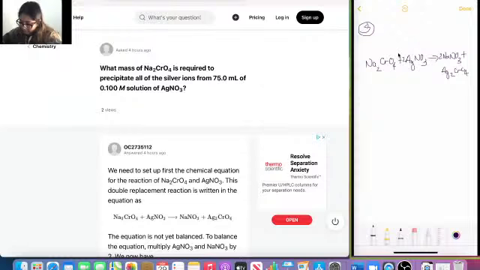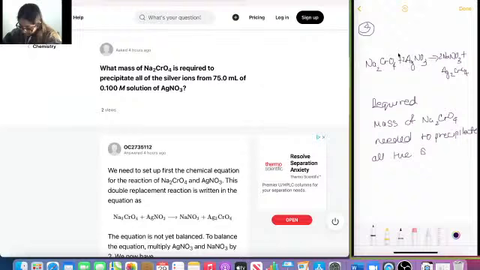So basically what we have here is, the problem wants us, so required, we can say required here as the mass needed to precipitate all the silver ions in silver nitrate, right?